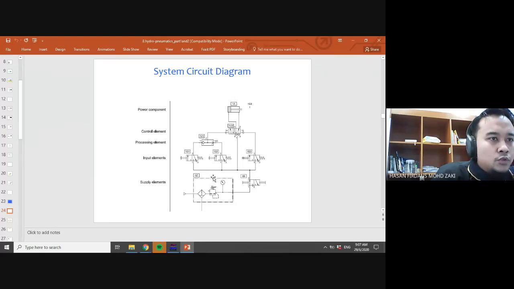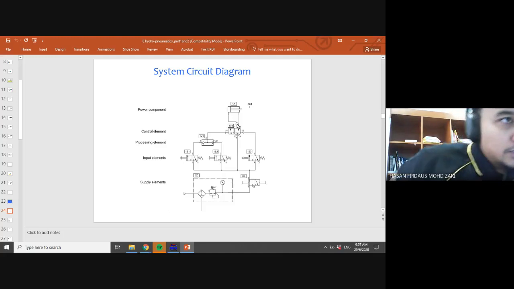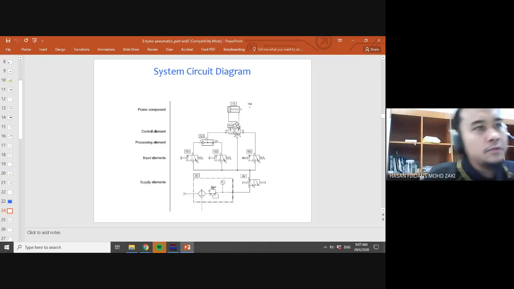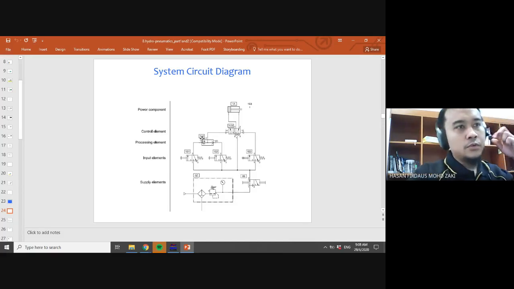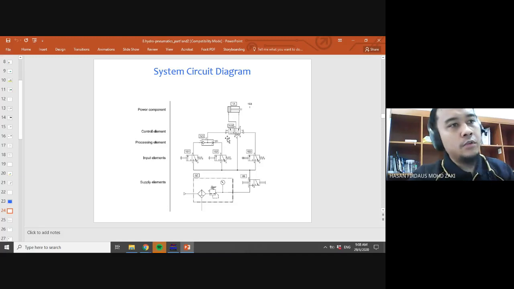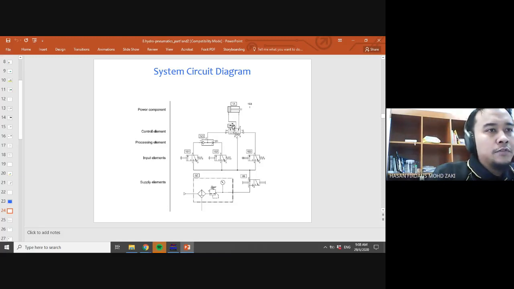You start with the supply element, then switches, then the processing element, and then go to the control element. This is what we call the DCV, the directional control valve. We'll go into more detail on that. It also uses V here because it is a valve. If this one is 1V1, this one is 1V2.